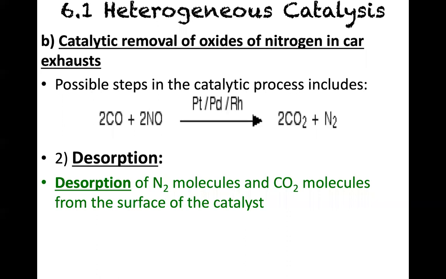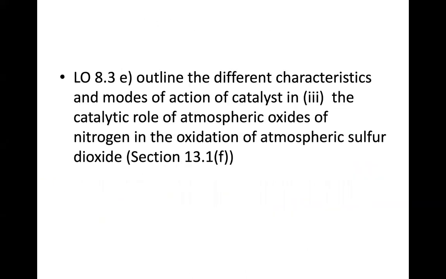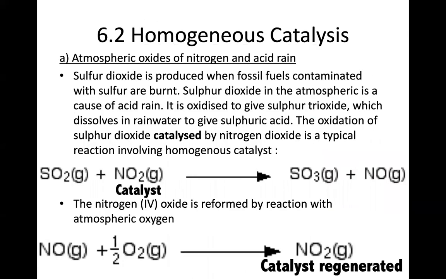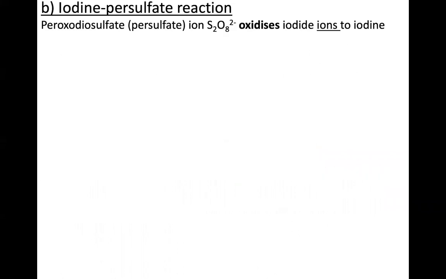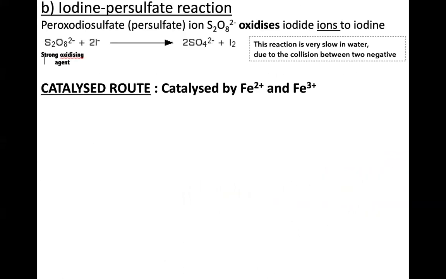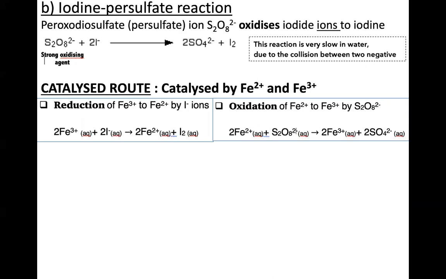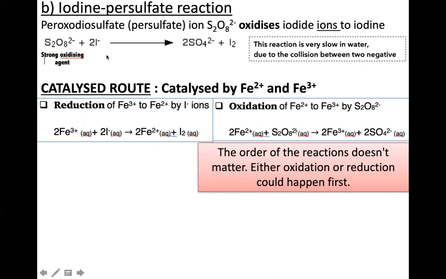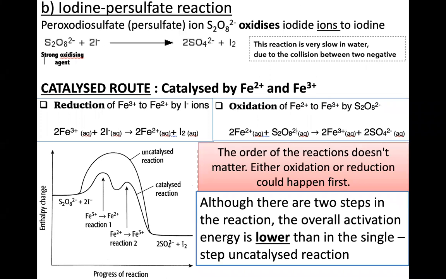Okay, so I want you to read them at home. And then I will just go through it briefly. Most of them involve equations that you just have to memorize, okay? Perhaps this iodine persulfate reaction, I would just go through it briefly and explain that double hump, right?